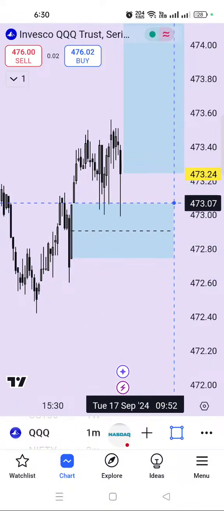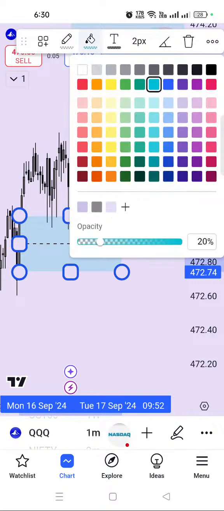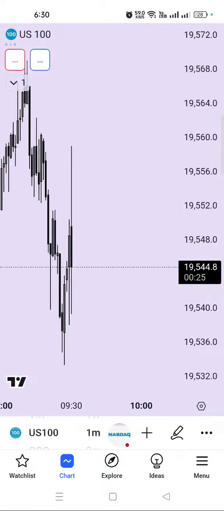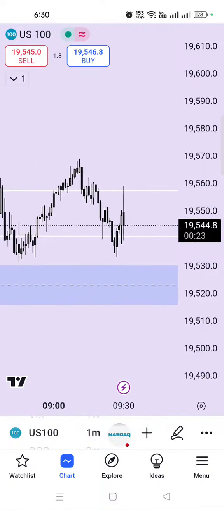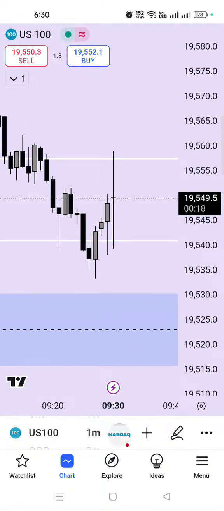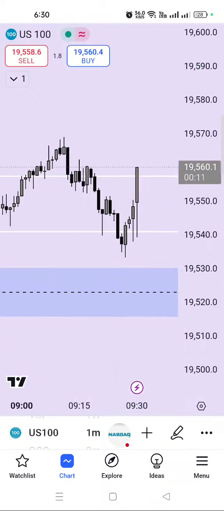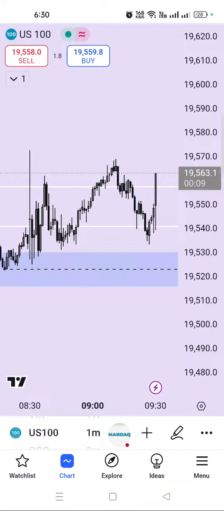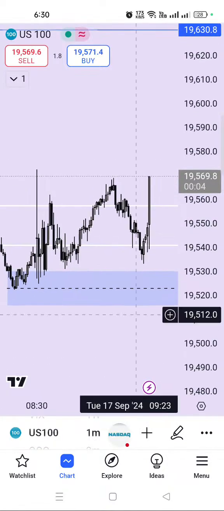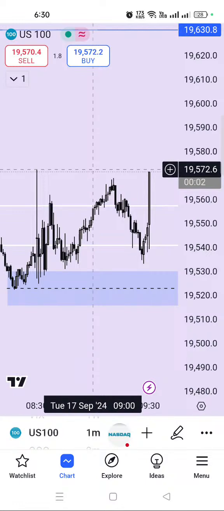This whole area below the gap. This is the news highs.